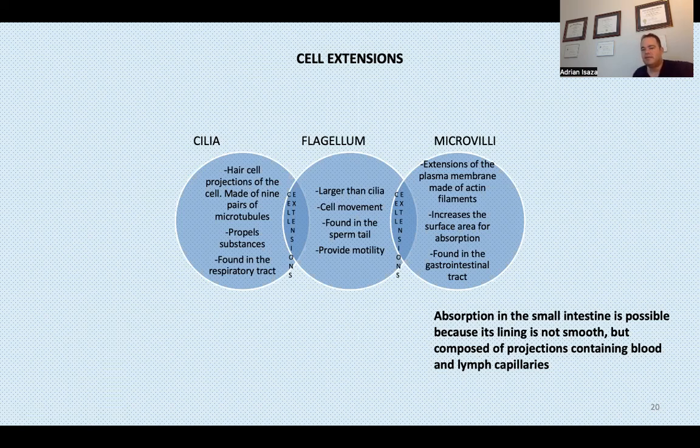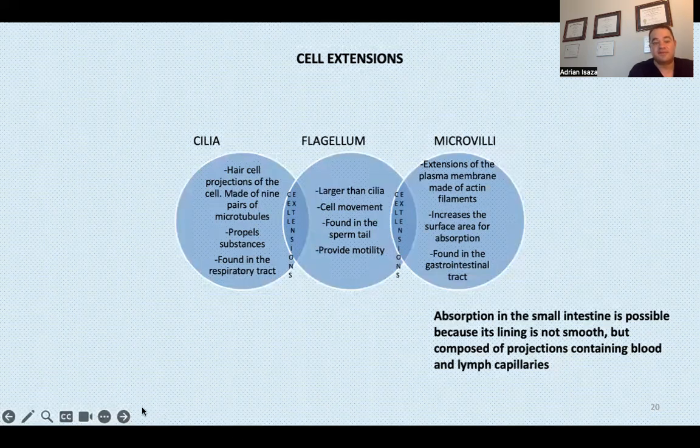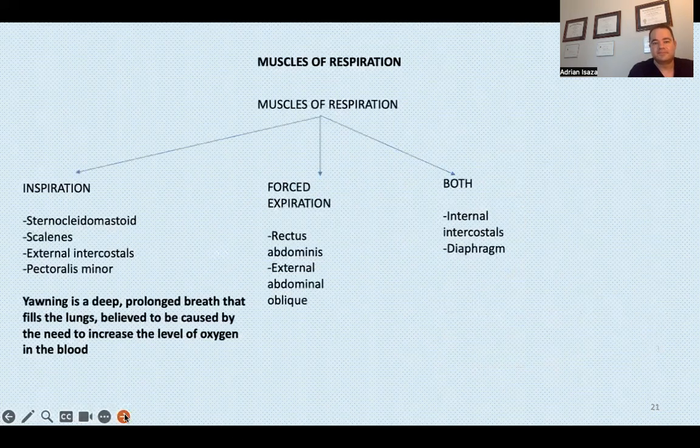So absorption takes place mainly in the small intestine, and it's due to these structures called microvilli. The small intestine is simple columnar, by the way. So it's not smooth, guys. It has these projections.